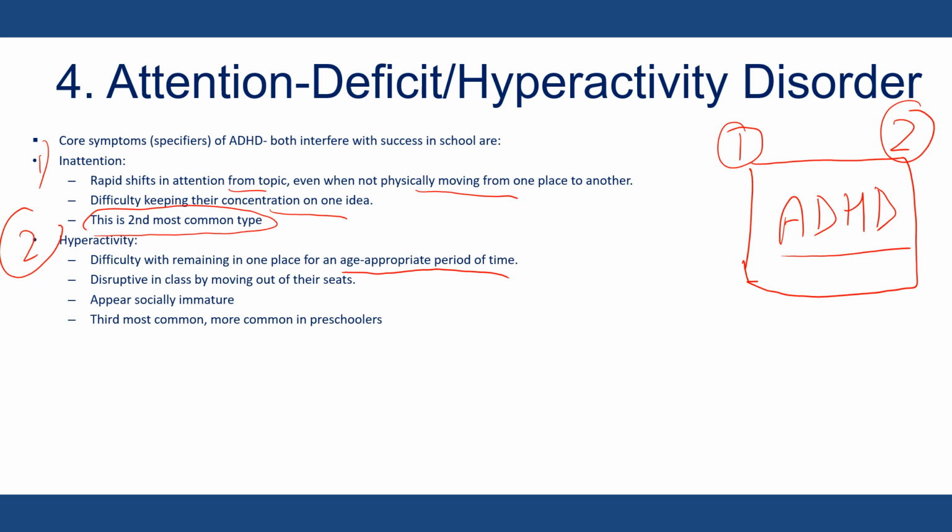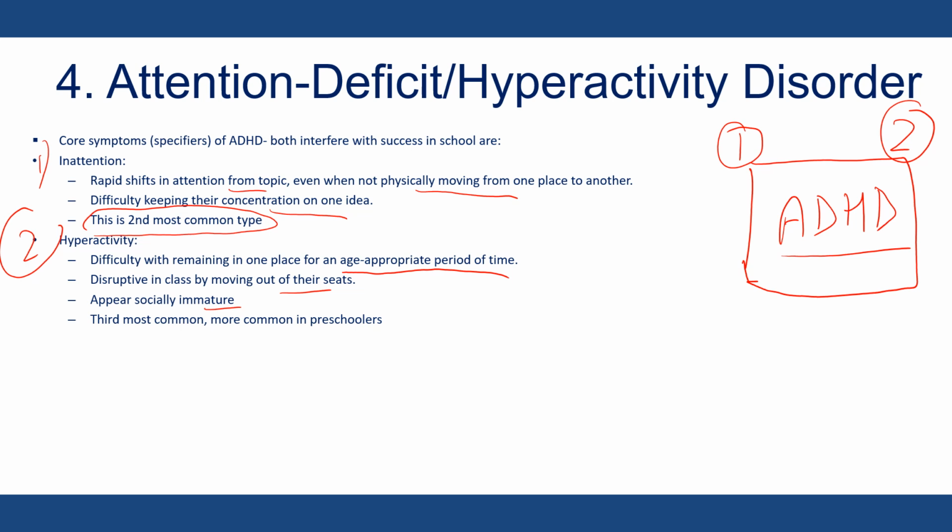Under hyperactivity, you have a client who's moving out of their seat. They appear to be socially immature, and they are often in trouble, if you will. A teacher will describe that child as being rude or difficult, right? They're always in trouble.